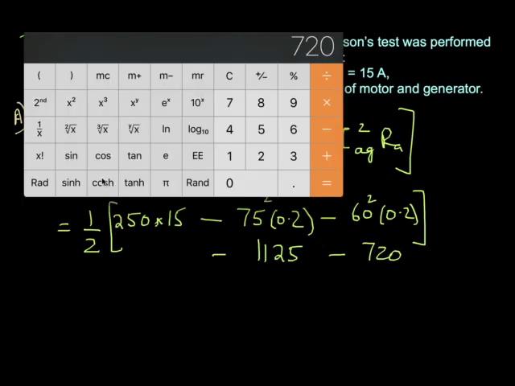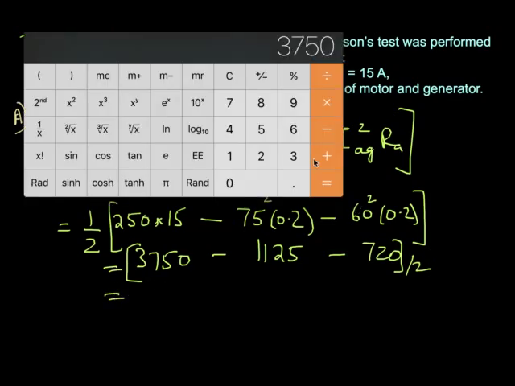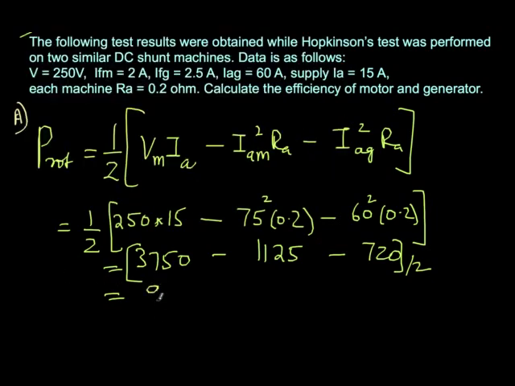And this one is 250 into 15, 250 multiplied by 15, 3750. So this whole thing has to be divided by 2. Which is equal to 3750 minus 1125 minus 720, everything divided by 2. 952.5. So this is the rotational loss in each machine.